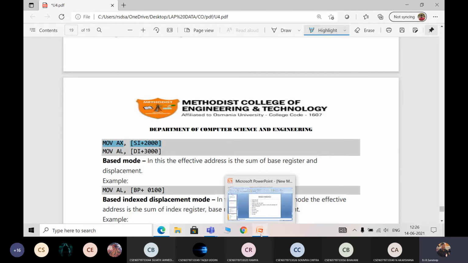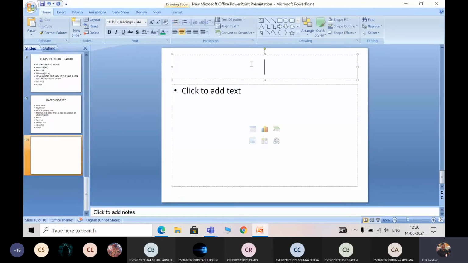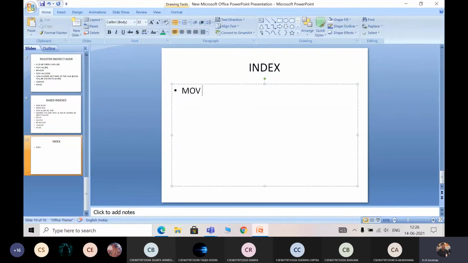So simply, if you are taking index registers, index will definitely have a displacement. For example, MOV AX comma, I am taking the index register SI, source index, with a displacement of 2000. How will it be computed? The AX register will get the data from SI plus 2000.